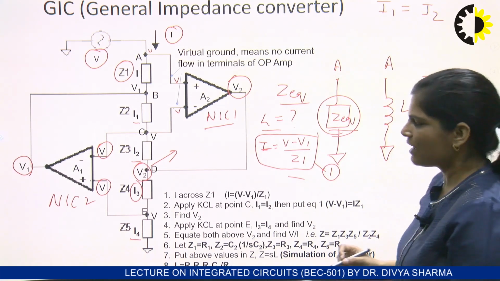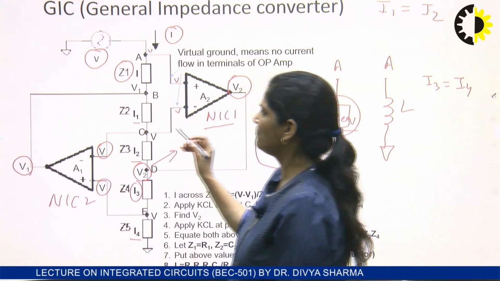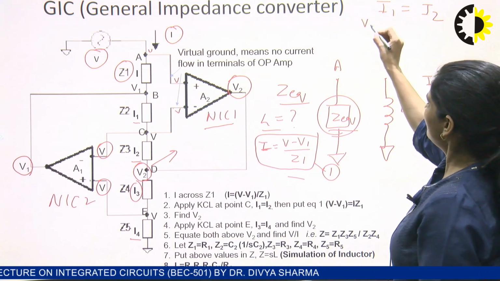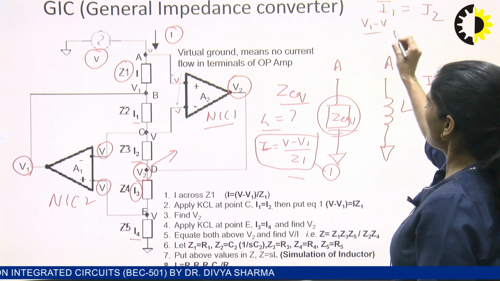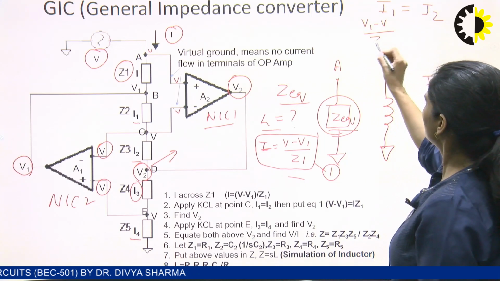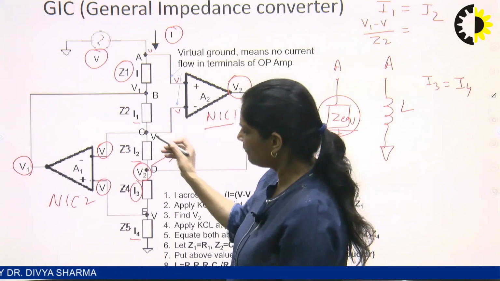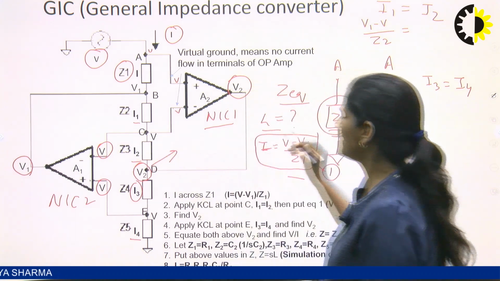Now I1 is equal to (V1 minus V) upon Z2, and I2 is equal to (V minus V2) upon Z3.